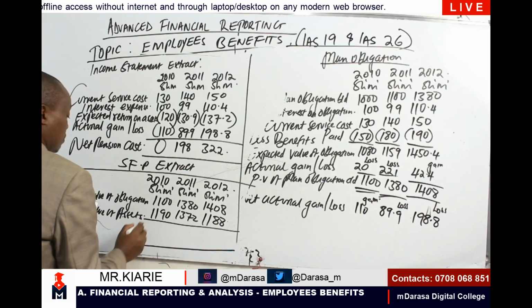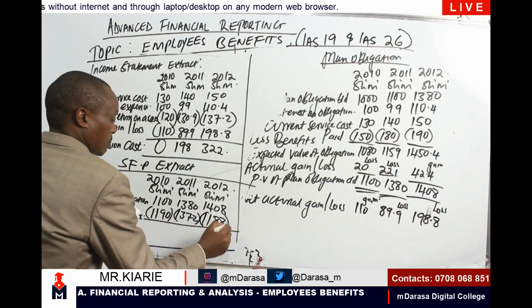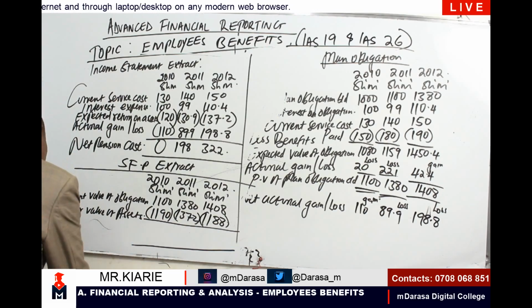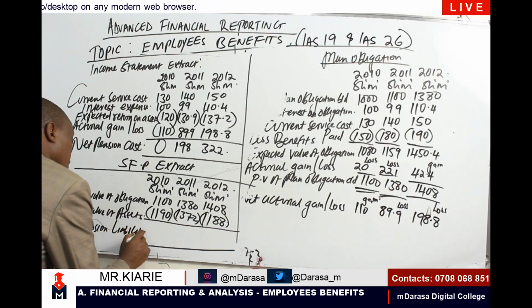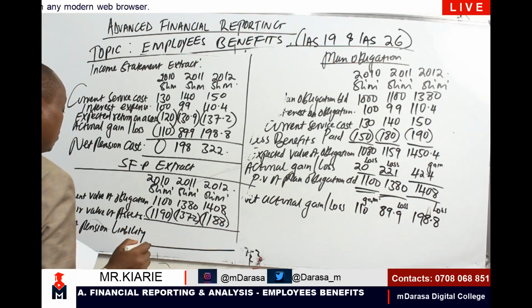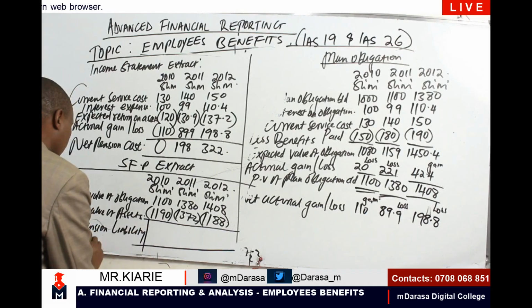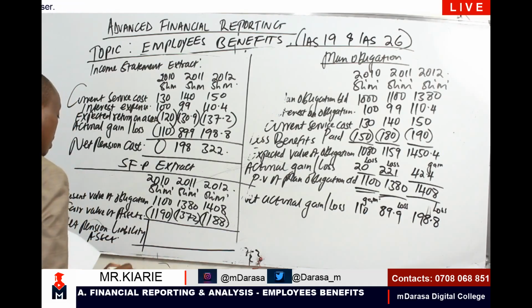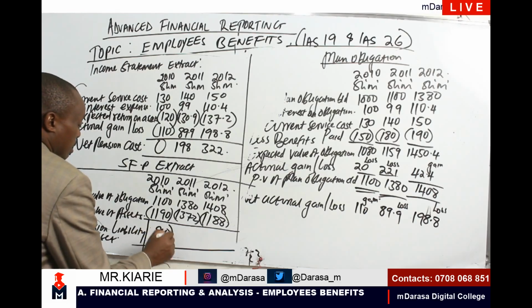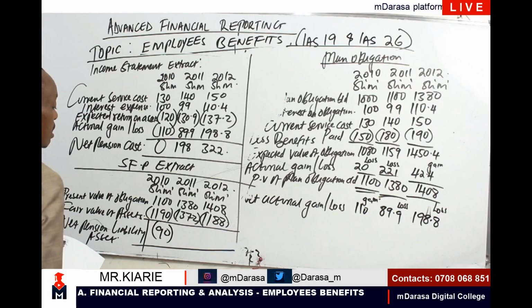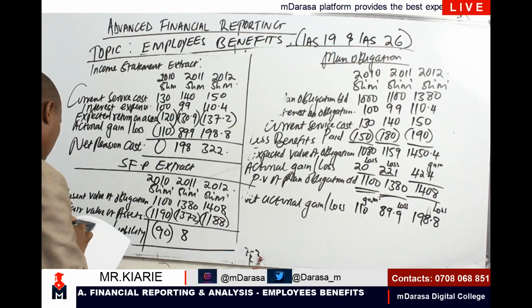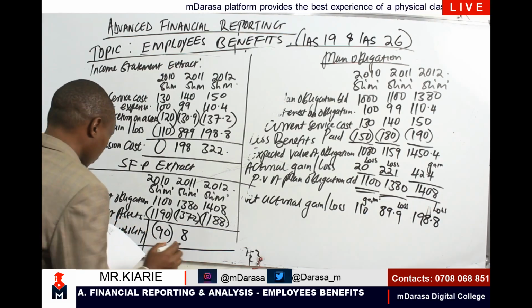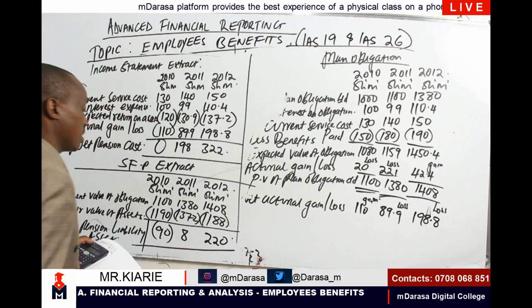So, net pension liability stroke asset. 1100 minus 1190, you get 90, which is a negative. 1380 minus 1372, you get 8, which is a positive. 1408 minus 1188, you get 220, which is a positive.